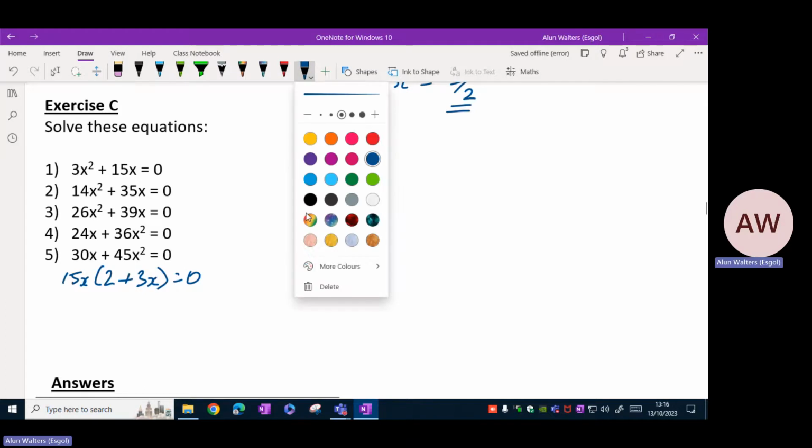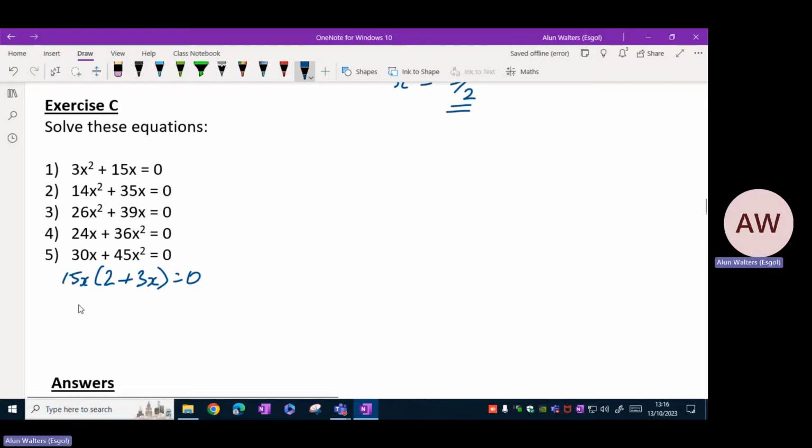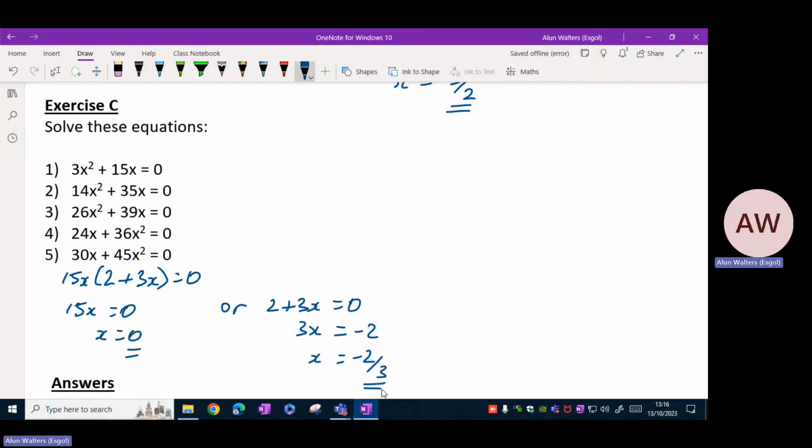Either I would say 15x equals 0, in which case x is 0, so that's one answer. Or what's inside the bracket, 2 plus 3x equals 0, in which case 3x is equal to -2, and x is equal to -2 over 3. So I've got two solutions.